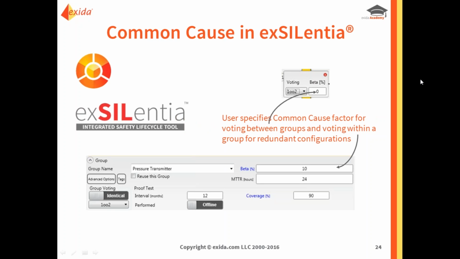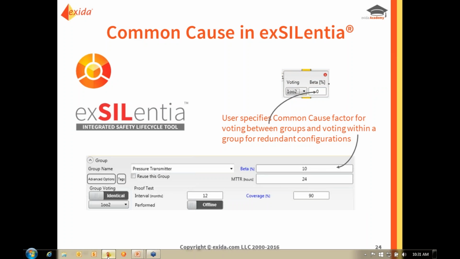Whenever you have redundancy, so for example, one of the two, you will be able to specify a beta factor. Also, if you have multiple groups, you will be able to specify a beta factor for voting between groups. So there's multiple ways that you can account for common cause in Excellencia.